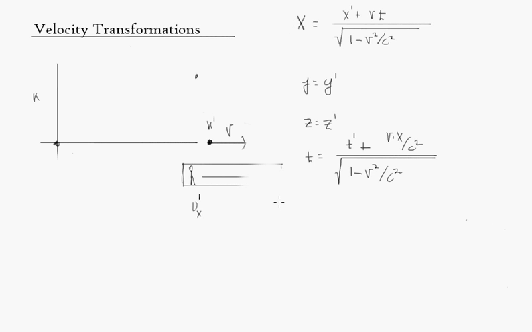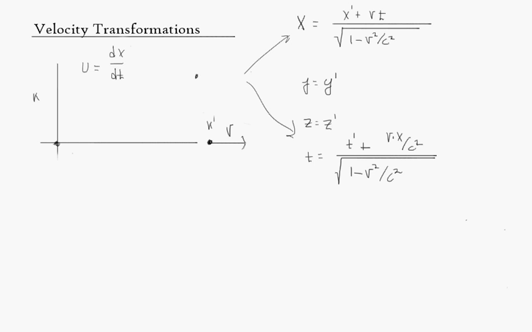And so to use calculus to extend from just events to actual velocities is not too difficult. We use the concept of velocity as the change in position over the change in time. And we have both position transformations and, sorry, not velocity transformations, time transformations.